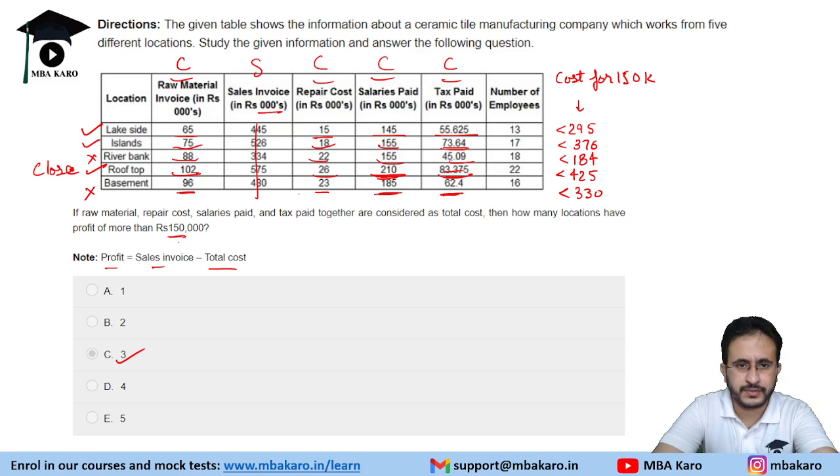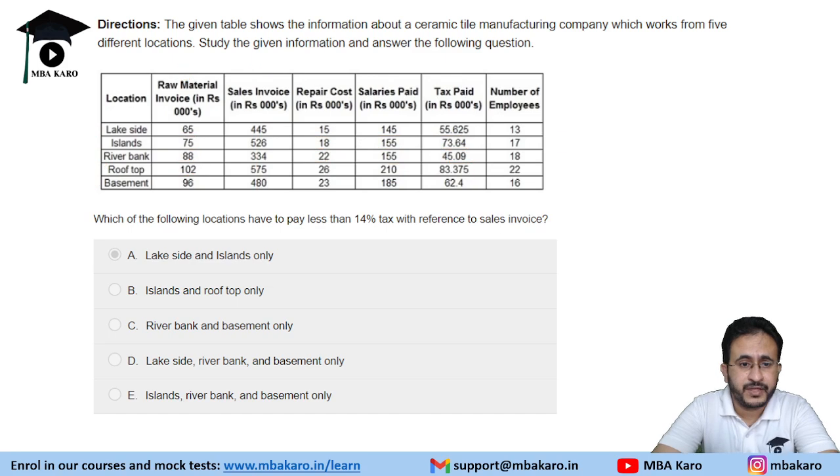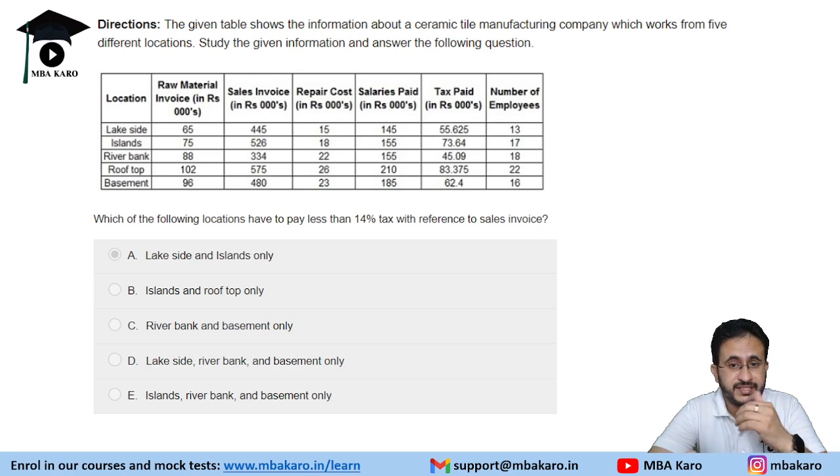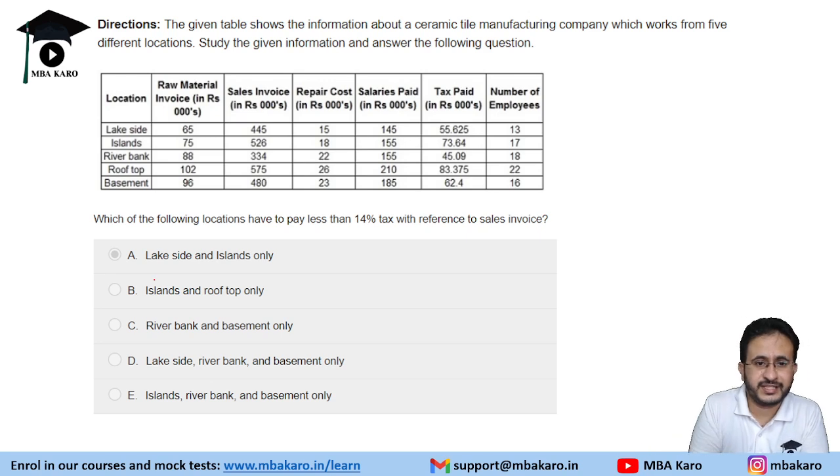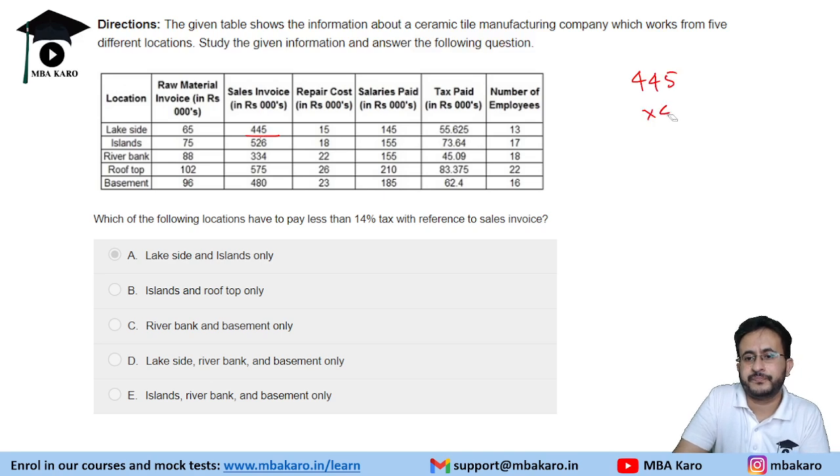Which of the following locations have to pay less than 14% tax with reference to sales invoice? Now, in this question, this is a tough, calculation based thing. There are 5 locations. Let us check for the first location and then figure out the options. So 445, we will calculate 14%. 445 into 14, we can do half and double.